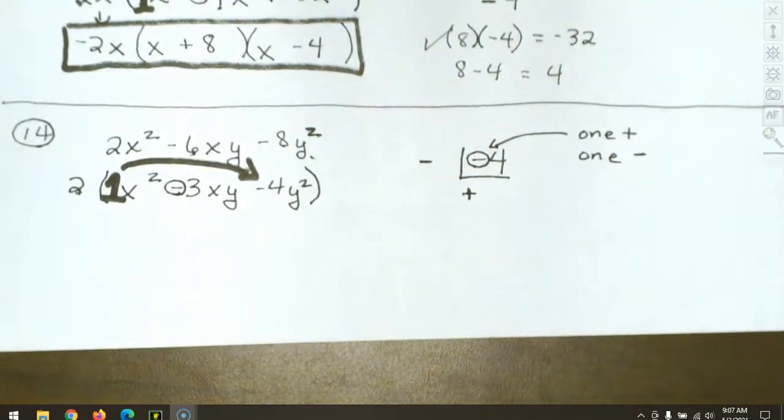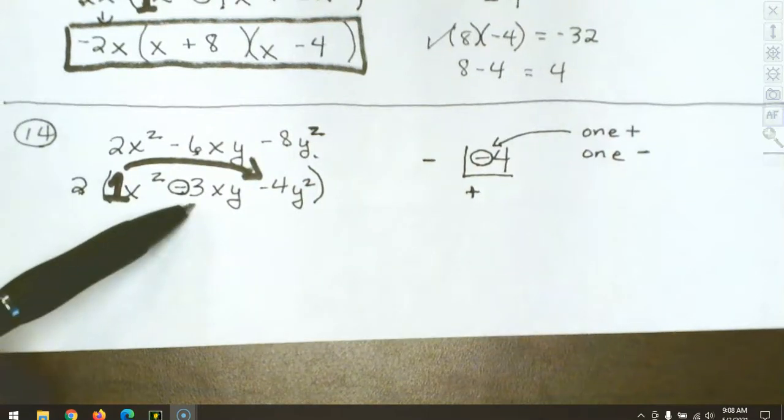When we look at 4, what do we have for our factors? We've got only 2 choices: 2 and 2, or 4 and 1. That's it, right? Because that's the only way we can factor 4. Well, 2 and 2 doesn't work because when you subtract them, it would give you 0. We don't want 0, but what about 4 and 1? Well, 4 and 1 is going to work because 4 minus 1 is what? 3.